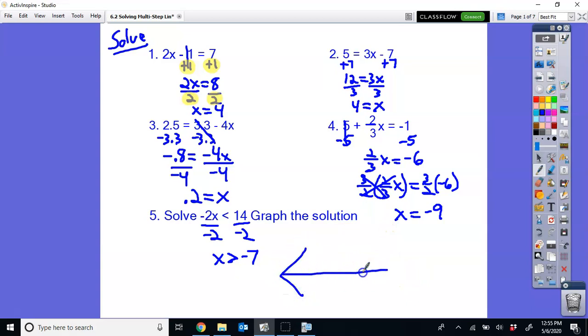We also talked about the graph of those and what those look like. You would have a negative 7 here, negative 8 here, negative 6 here. Remember, the negative numbers, they look like they get bigger this way, but they're really getting smaller. Be careful there, because that means you're going to have an open dot here, because it doesn't have an equal to. x cannot be equal to negative 7. x is greater than negative 7.